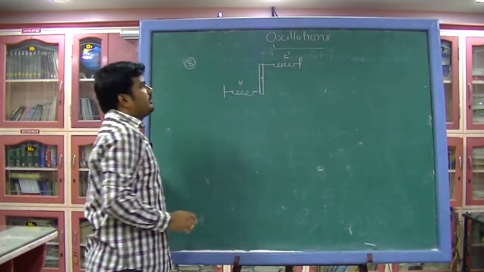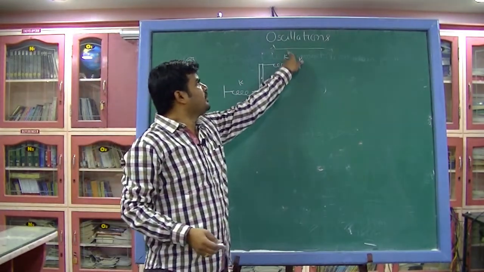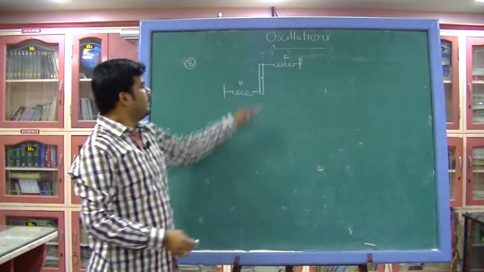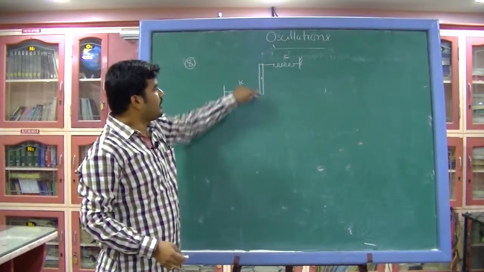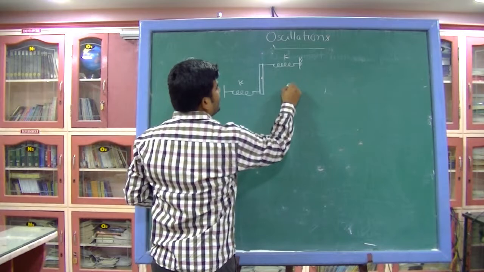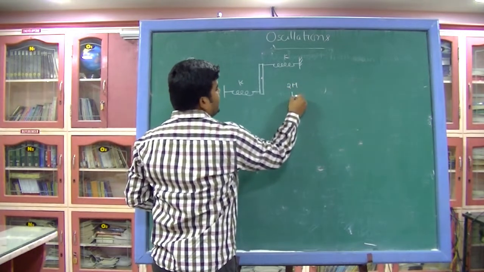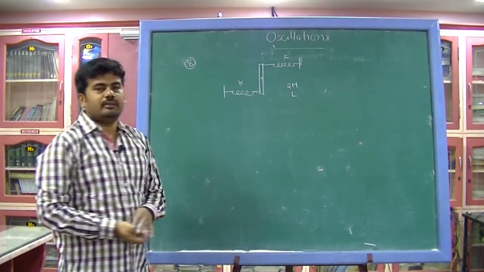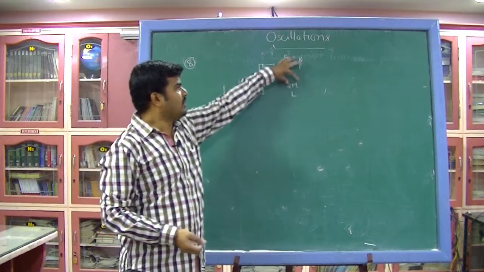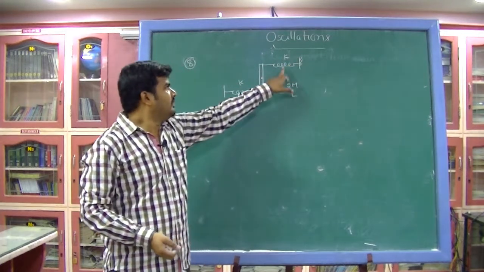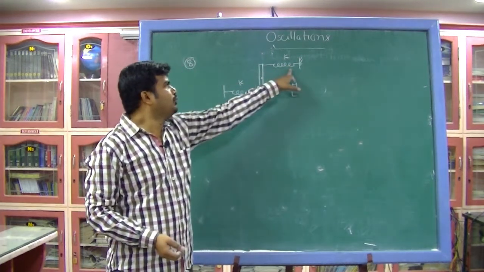The two springs are identical, that means their spring constant is the same, and they are attached to a rod of mass say 2m and length L. So, a uniform rod of mass 2m and length L, which is connected to the two springs as shown in this figure.